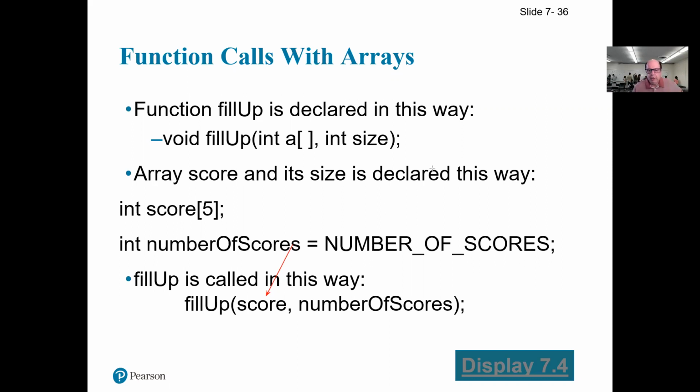Now, here I put a global constant variable as number of scores, and then I created a local variable number of scores. Conventionally, your constant variable is all uppercase. Generally, we're doing it above main as a global, so that we can use it everywhere.